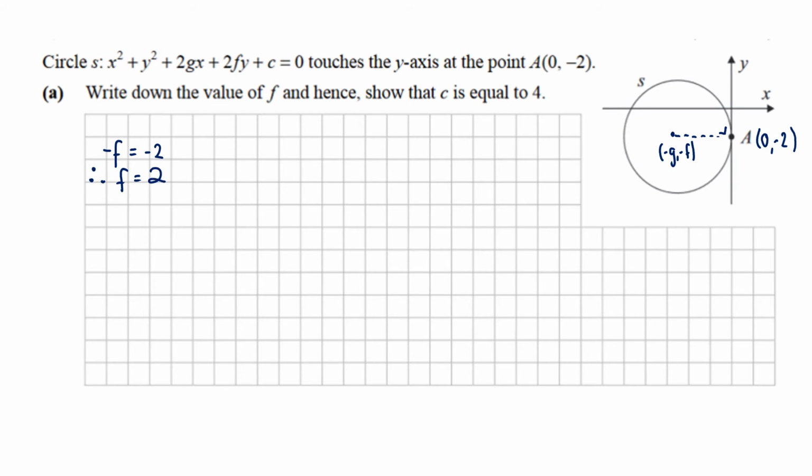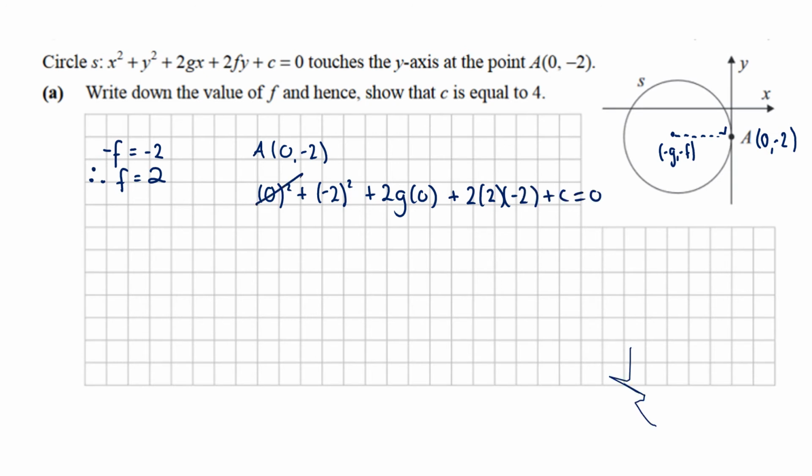So then it says, hence show that c equals 4. So we're going to work with the point A, which is (0, minus 2). And we're going to sub into our equation of the circle. We know that that point is on the circle, so when I sub in, the equation should be balanced. 0 squared plus minus 2 squared plus 2g times 0 plus 2f, which is now 2 times minus 2, plus c equals 0.